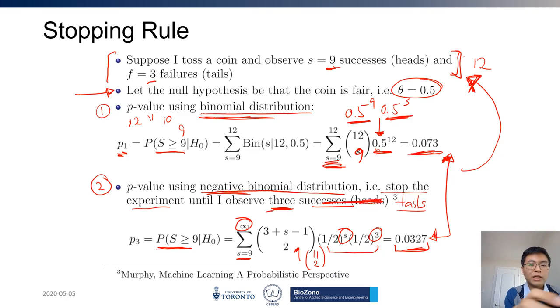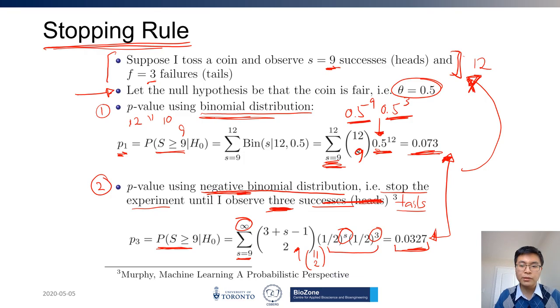But what's even more troubling is that effectively you're using a different stopping rule. Because here in the negative binomial distribution, the choice of when to stop is actually encoded in that distribution itself. You're choosing to stop after you observe 3 tails, i.e. 3 failures.